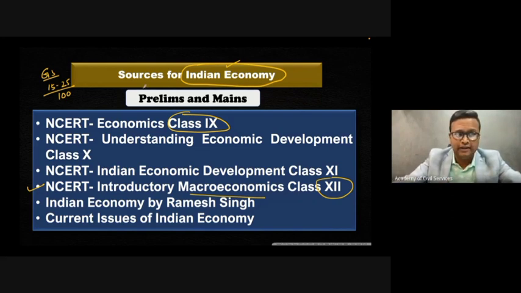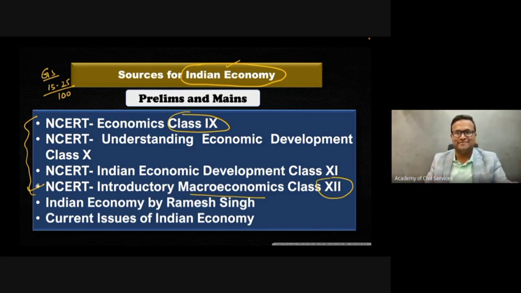Now, definitely, many students usually ask the question: is it possible to qualify the civil services examination only by studying NCERT books? My answer is no. NCERT books are not prepared for the civil services examination.